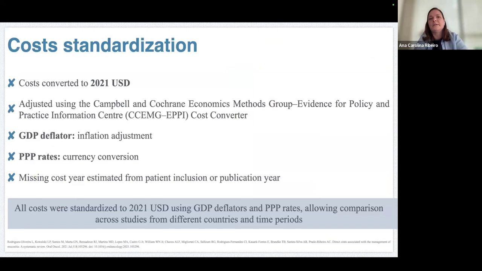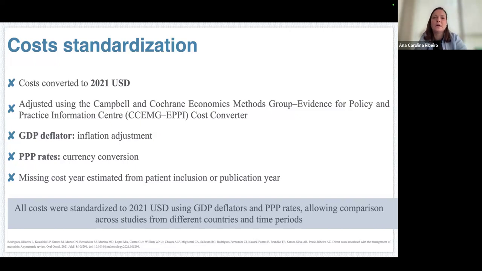Because the article was published, as I said before, in 2021, we converted all costs to 2021 US dollars. For this conversion, we used the Campbell and Cochrane Economics Methods Group and Evidence for Policy and Practice Information Centre, CCEMG-EPPI Cost Converter.